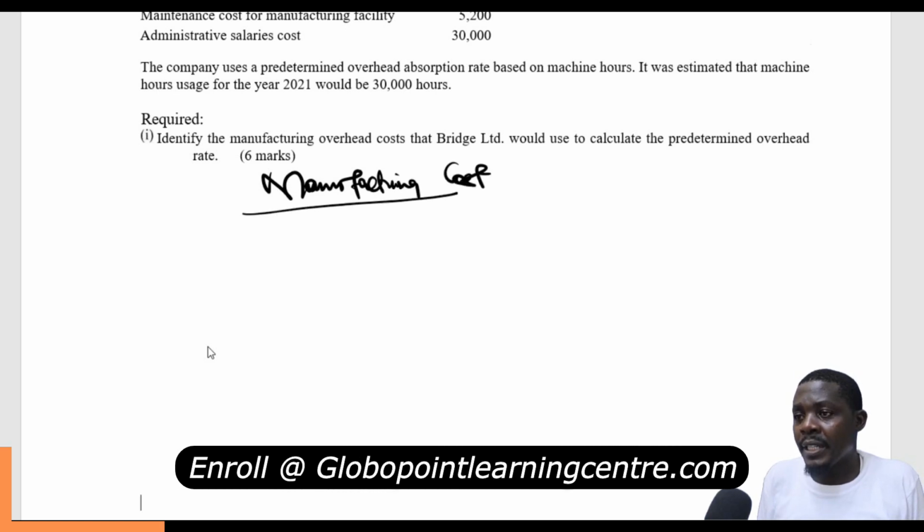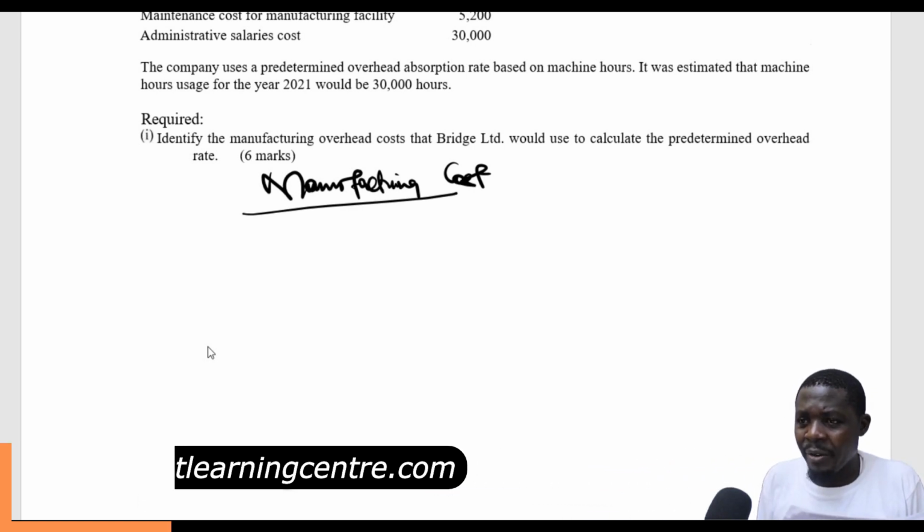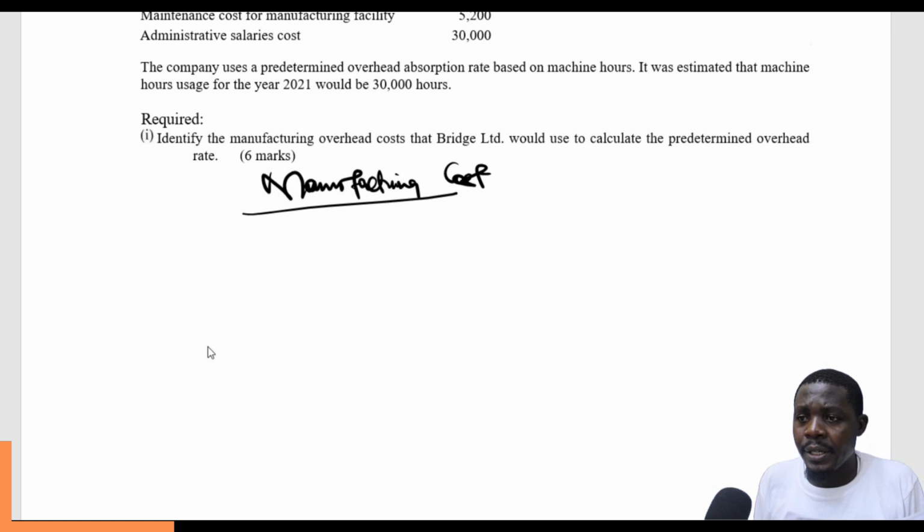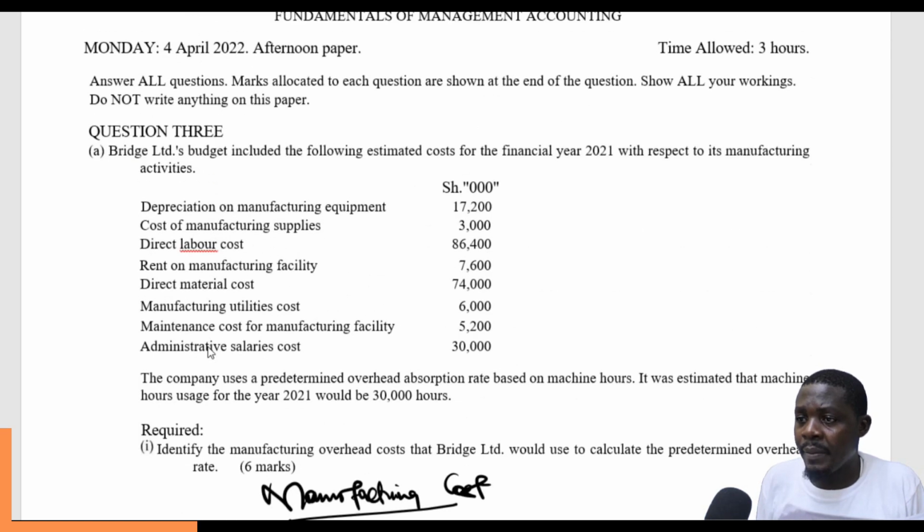In other words, they are just asking for the factory cost. We are going to start with the variable costs, or direct material. We have the direct labor, which was given even if it's in thousands. Direct labor cost is given there.